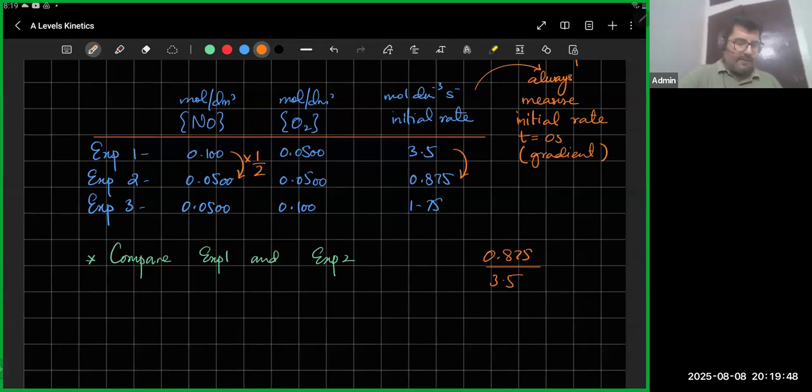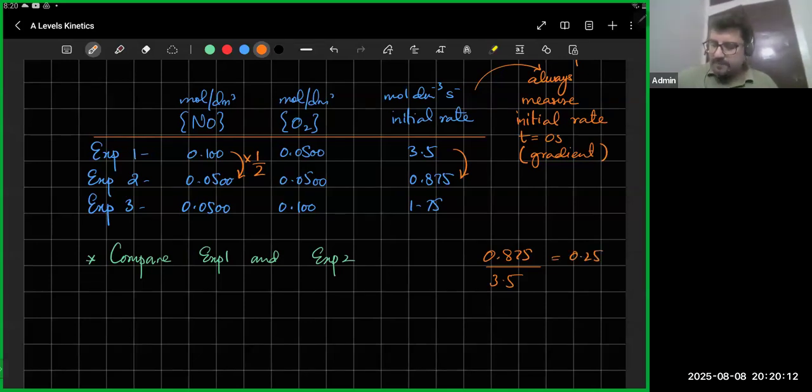0.875 divided by 3.5. So 0.875 divided by 3.5, I'm going to get exactly 0.25, right?